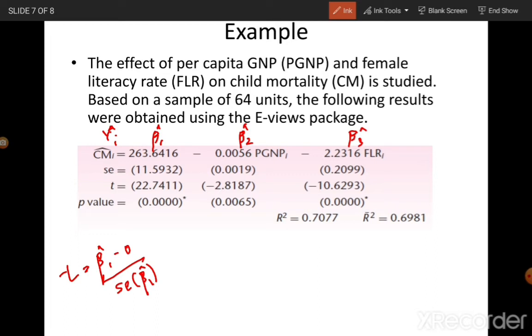Similarly, the second t value, minus 2.8187, has been calculated based on the null hypothesis that the true population value beta 2 is equal to 0.